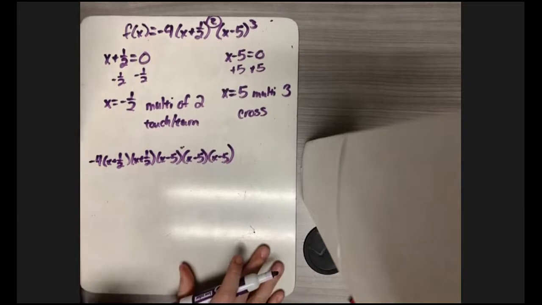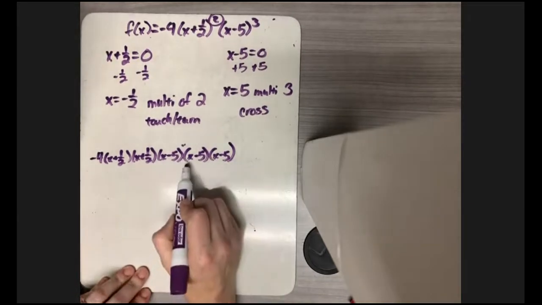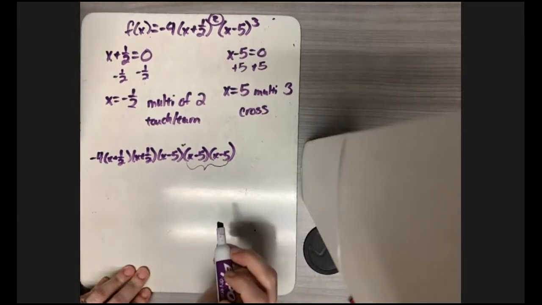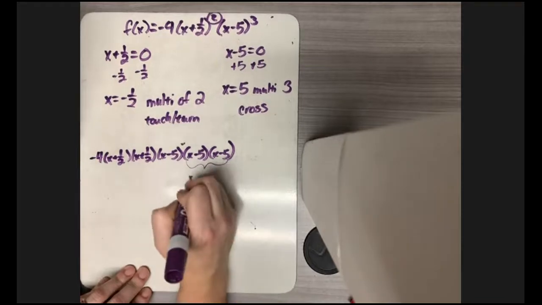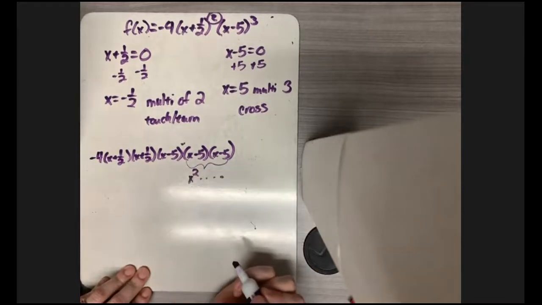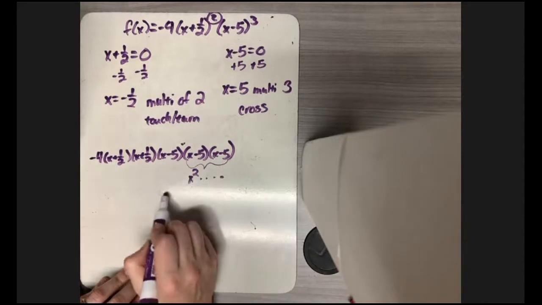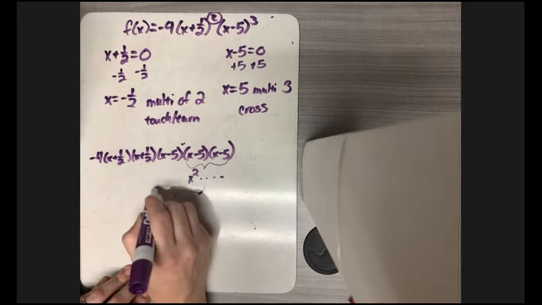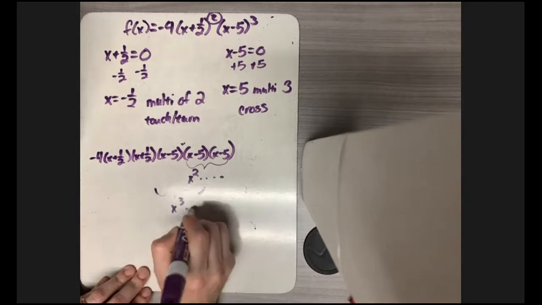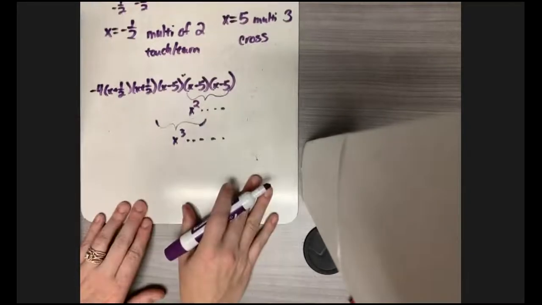And I'm not saying we're multiplying this out, but here's the concept. If I pulled these two pieces together, I would get x squared with a bunch of stuff back behind it. And if I took x squared with this next piece and multiplied those together, I would get an x cubed with a bunch of stuff back behind it.